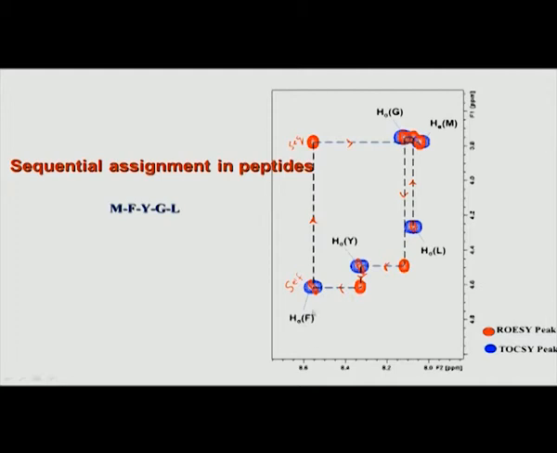For a given amide spin system, I am seeing a blue H alpha in TOCSY, which we can call the self, meaning its own. But along the same line, I will see an additional peak which will be sequential, meaning i minus 1. So, I am getting an i and i minus 1 in this spectrum for every amide.